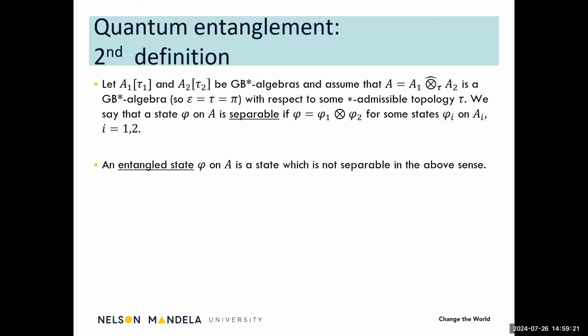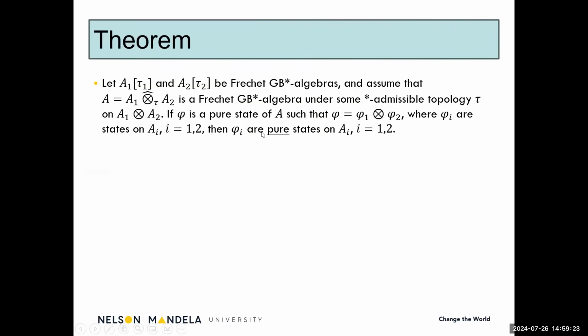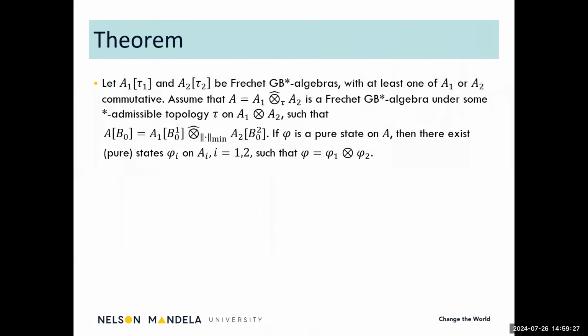Okay, I will end this talk just by giving some results on how we can actually achieve an entangled state. But I don't have time to give you any proofs of that.